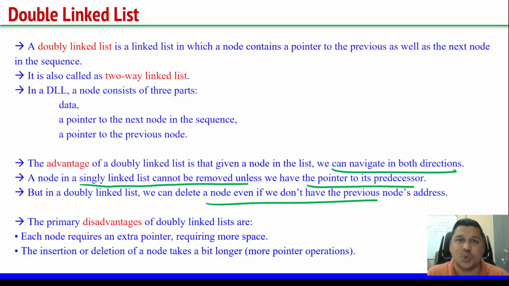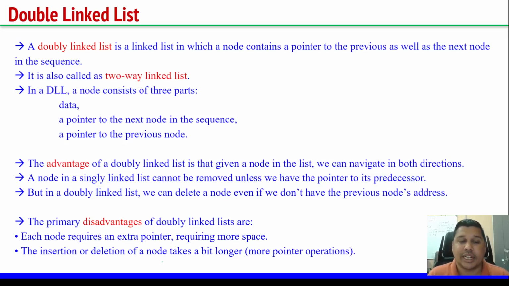Then you may feel in some places it is very easy to insert or delete. But the drawback we are talking about is that inserting and deleting a node takes more time. That is a drawback, but there can be some cases where we need to come back also. In those cases, we need the concept of double linked list.